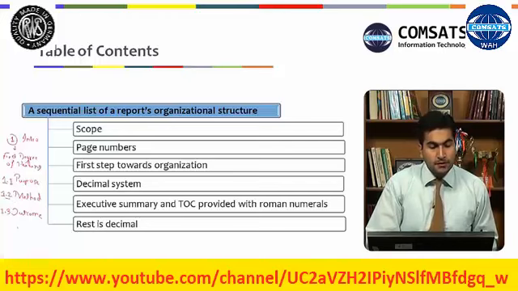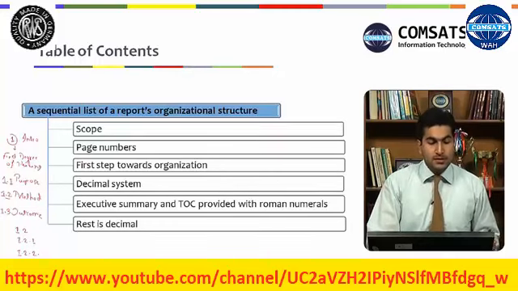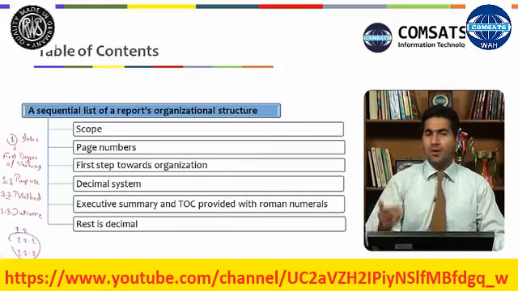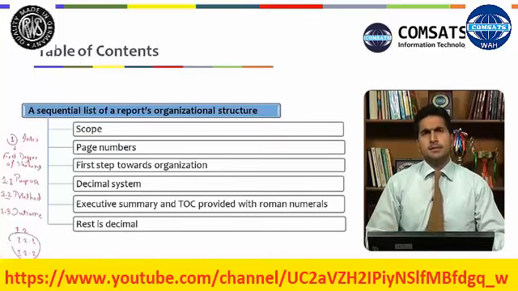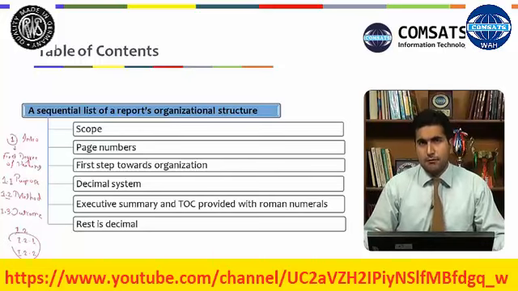So under this 1.2 would come 1.2.1, 1.2.2. Now this is known as the third degree of heading, and that is how the next levels of headings come under the first level of heading, then the second comes under the first, and the third comes under the second.